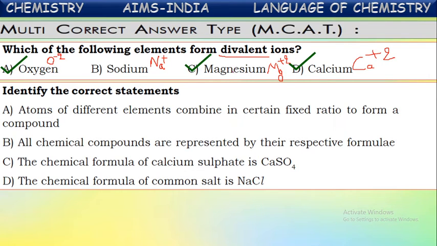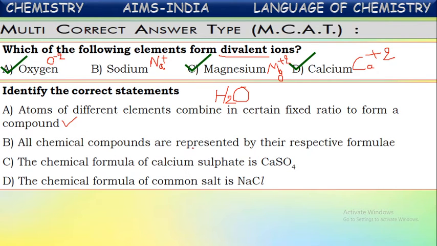For example, if you see the compound water, in this water molecule formation, two atoms of hydrogen combine with one atom of oxygen. This is a fixed ratio. Wherever you find water, from wherever you get water, the composition will always be the same. Two atoms of hydrogen will be combined with one atom of oxygen. Okay, that's a fixed ratio. This is a correct statement.